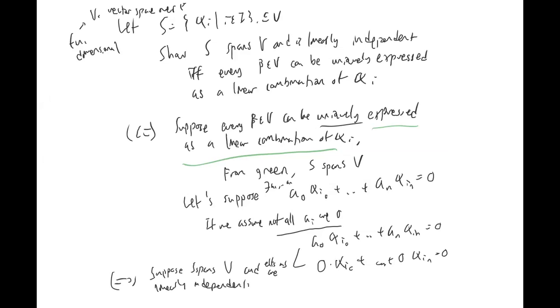Do you agree that just from S spanning V, every beta in V can be expressed as a linear combination of alpha_i? Does everyone agree with this, just from the fact that S spans V? Yes or no?